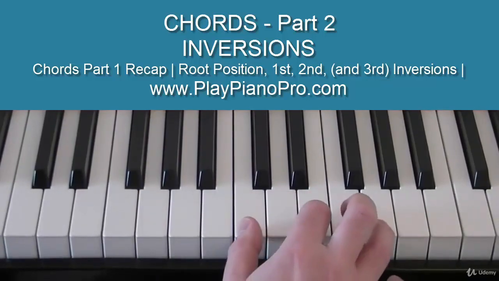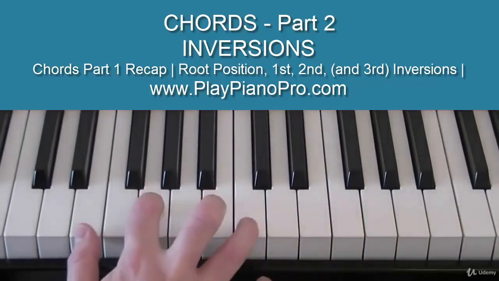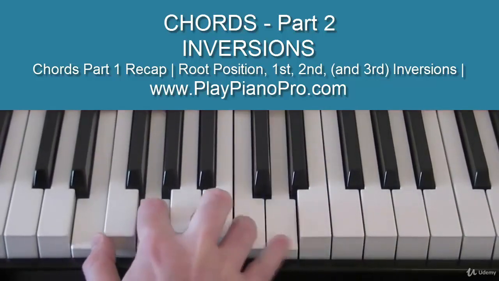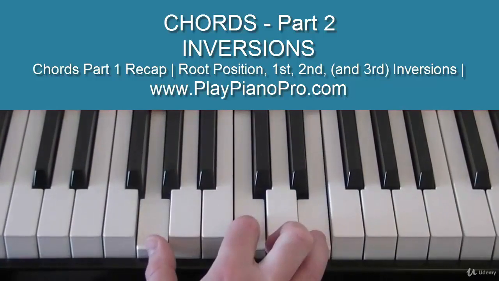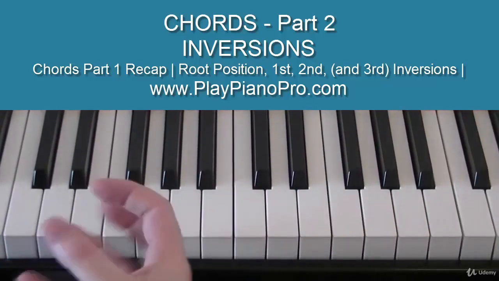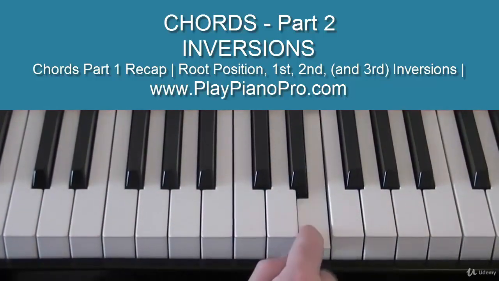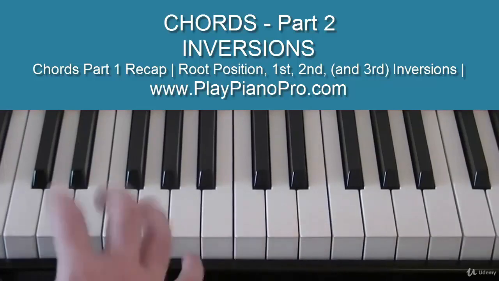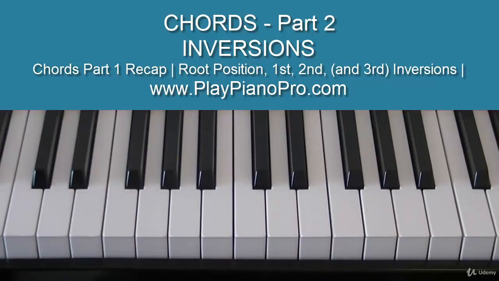Then up to a root position, down to a first inversion, and back to a second inversion. That's if I wanted to harmonize or fill out the sound below the actual singing note. So hopefully that will help you understand the word inversion and what they mean and how to form them.